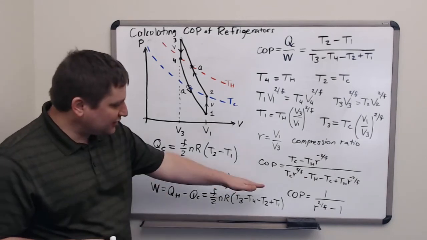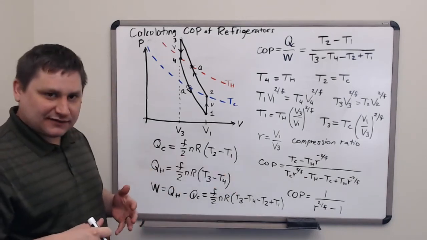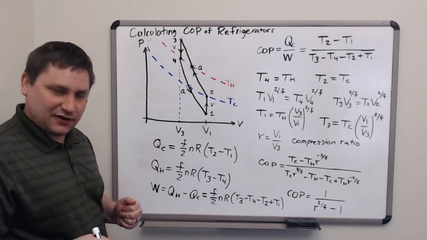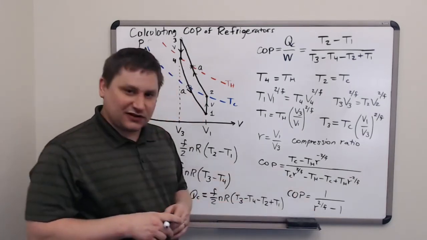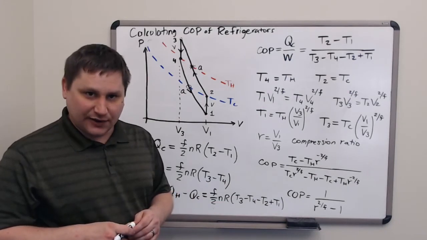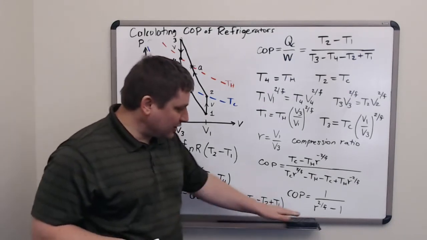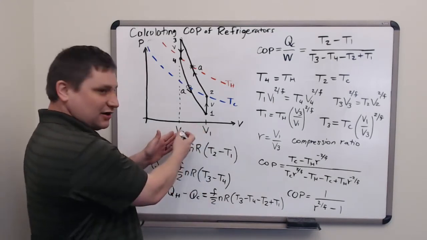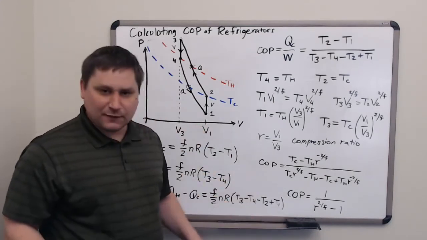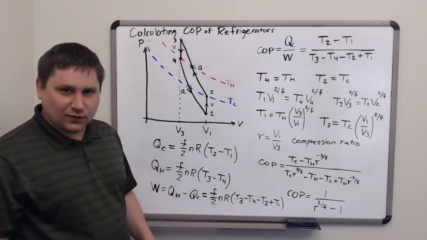Now this coefficient of performance seems to have a sort of unexpected behavior. As the compression ratio increases, the coefficient of performance actually goes down. And as the compression ratio decreases, in other words, V1 and V3 become closer, the coefficient of performance goes up. So what's going on here?